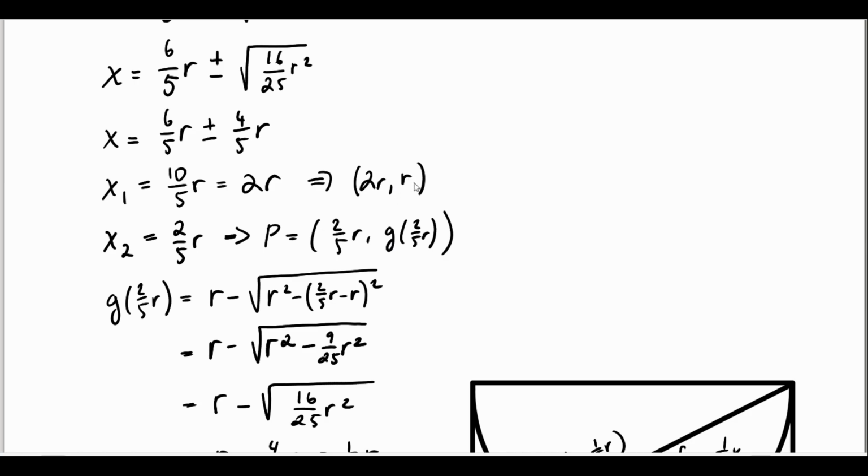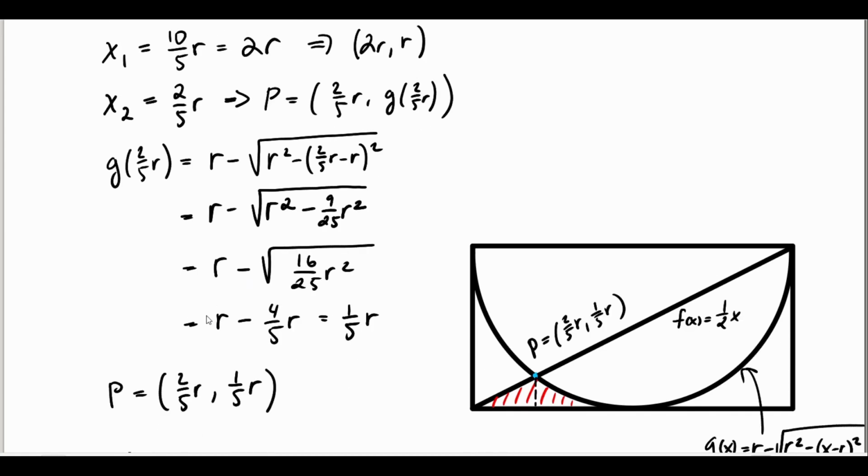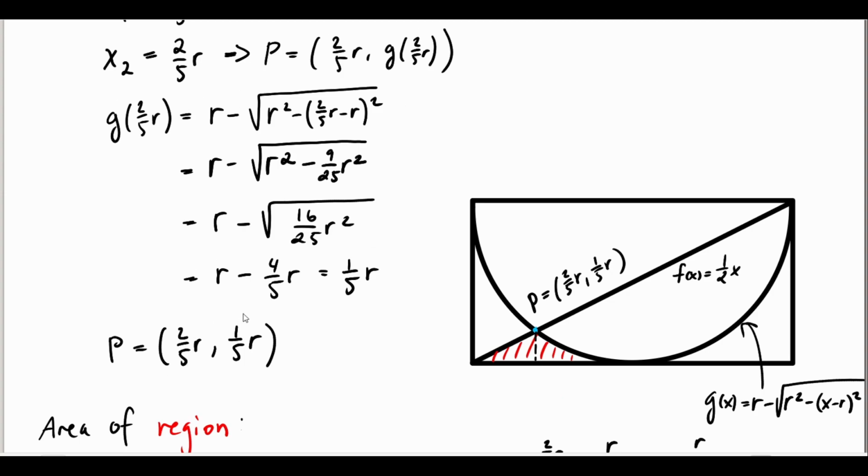So we have r here, and then the 2r comma r is one intersection point, and then we have another one which gives us 2 over 5r, and then I've computed it by using the formula or the function for this half circle. I could have used f of x.